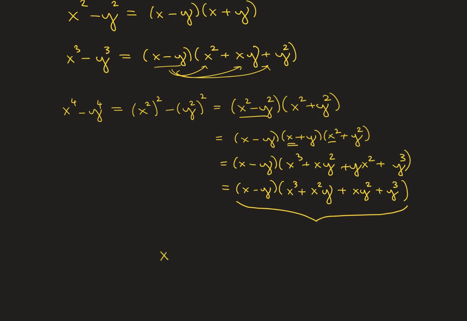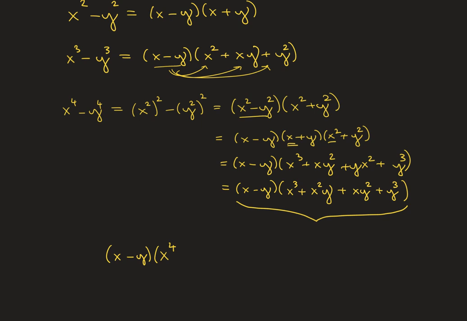My guess is x to the 5th minus y to the 5th is going to be the same thing as this. Grab that x minus y out front, and then x to the fourth. So I'm redoing this pattern except for x to the fifth minus y to the fifth.